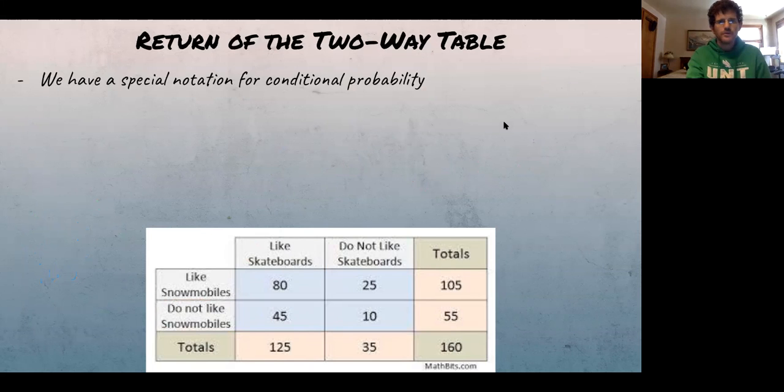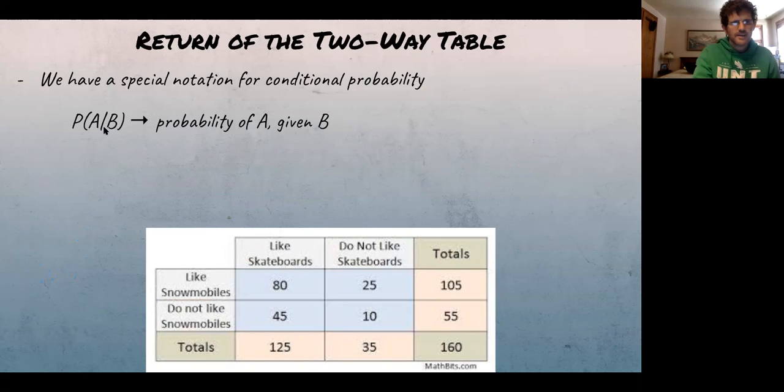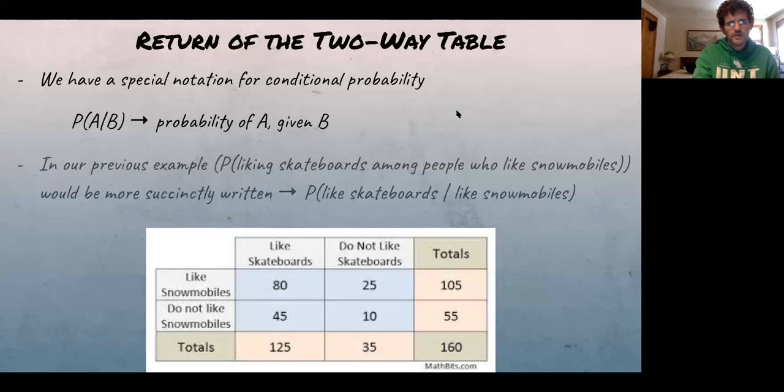So we do have special notation for conditional probability. This is basically the notation you need to know. This vertical line is a way of saying conditional: the probability of A given B. So in our previous example, the probability of liking skateboards among people who like snowmobiles, we could write as the probability that someone likes skateboards on the condition or given that they like snowmobiles.